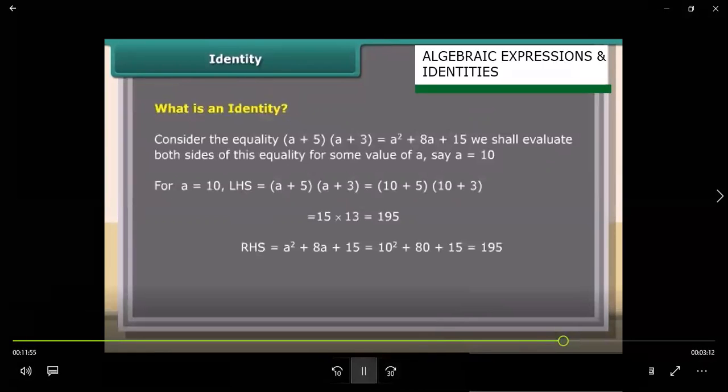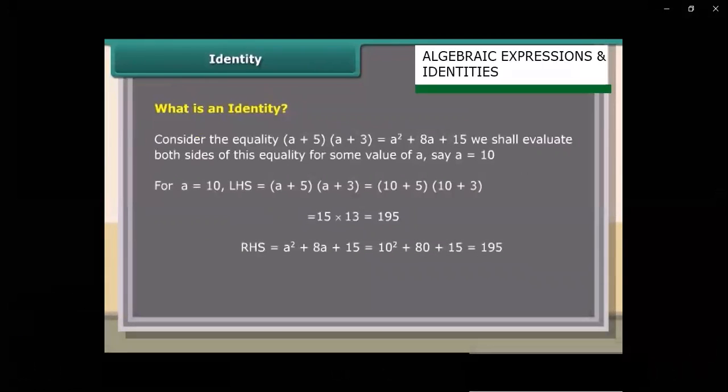So this was a brief discussion about identities, which we'll discuss in detail in our next Zoom session. By then, you have to go through whatever you have learned till now in this video class. We'll also discuss like terms and unlike terms in our upcoming Zoom session.